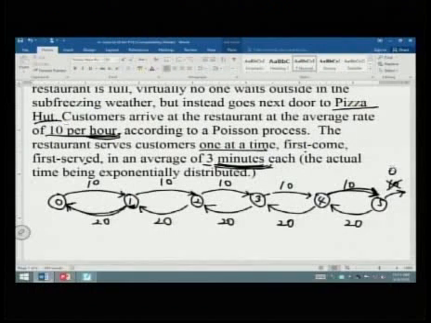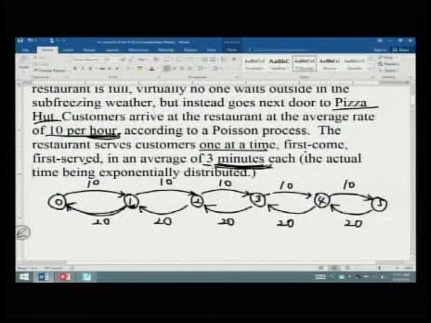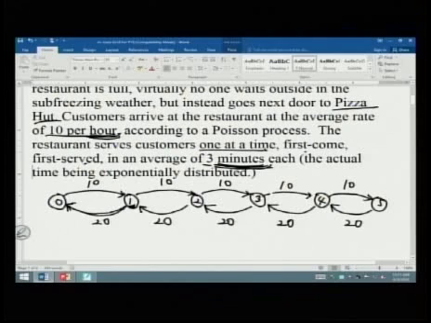So we don't have this anymore. Okay. This is this, okay? Like this. So this is our Markov chain model for this Italian restaurant problem. Okay?